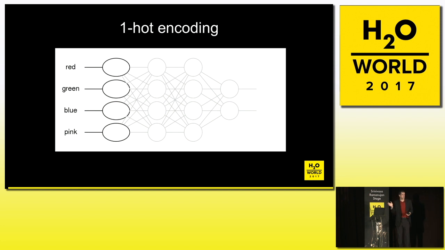Internally, in your Python or R program, they probably have the numbers 1, 2, 3, 4. But you don't want to feed 1, 2, 3, 4 as a single input into your deep learning network, because pink is not 4 times red. It's not twice as much as green. They're distinct values. So what we do is we have 1 input neuron for each possible value.